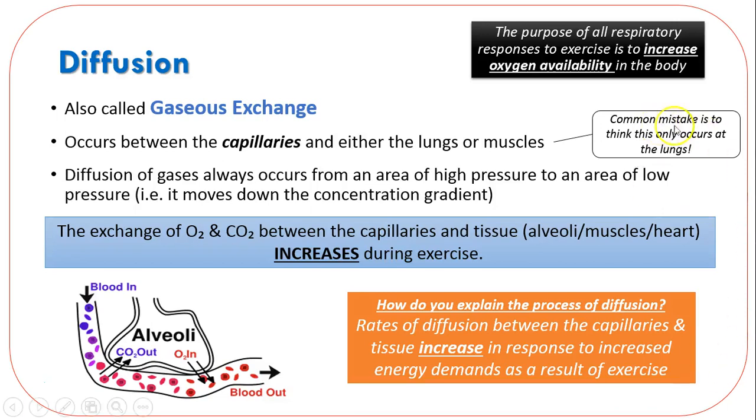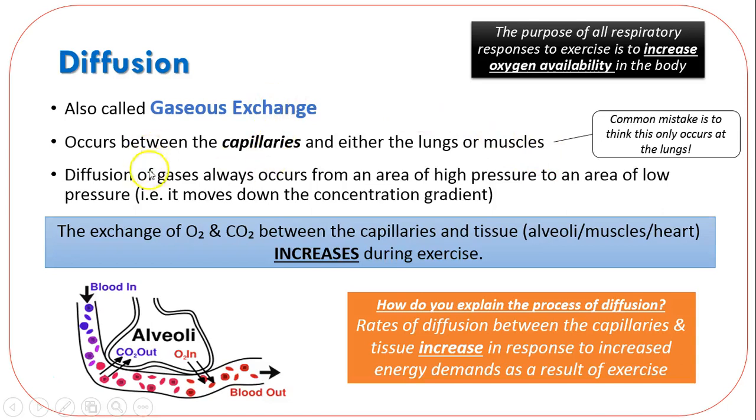Okay, and as it points out here, a really common mistake that students make is that they think that gaseous exchange, this diffusion, only happens at the lungs. This also happens at the muscles. We're just looking at it in this particular instance from a lungs point of view, so looking at the exchange between the capillaries and the alveoli.